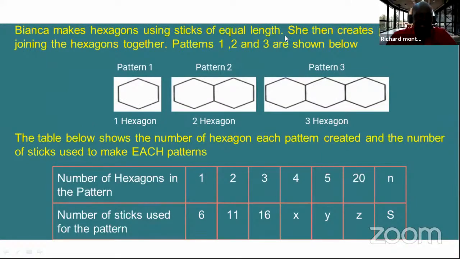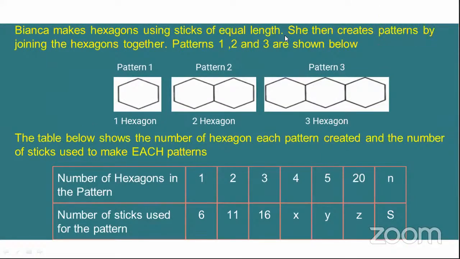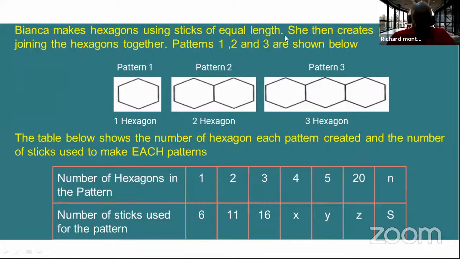All right. So now Bianca makes a hexagon using sticks of equal length. She then creates a pattern by joining the hexagons together. So we can see pattern 1, 2, and 3 are shown below. Look closely at them, my detectives. The table below shows the number of hexagons each pattern created and the number of sticks used to make each pattern.